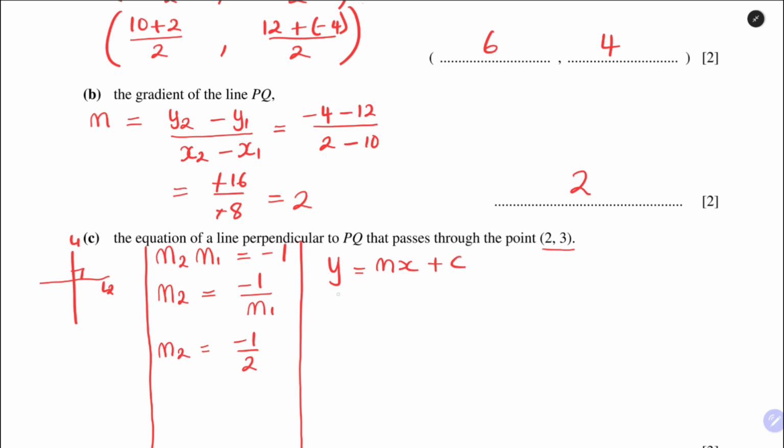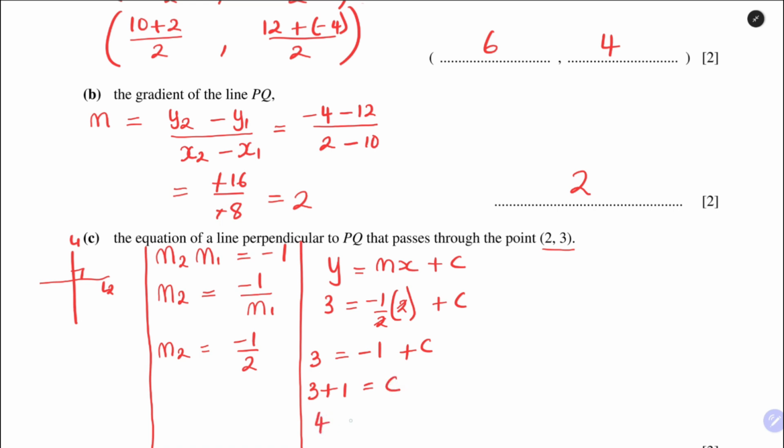Okay, so our y is 3 equals our m, minus 1 over 2, times our x, which is 2, plus c. So this 2 is cancelling this 2. So we have 3 equals minus 1 plus c, and 3 plus 1, because when the minus 1 crosses over, it becomes positive, equals c.